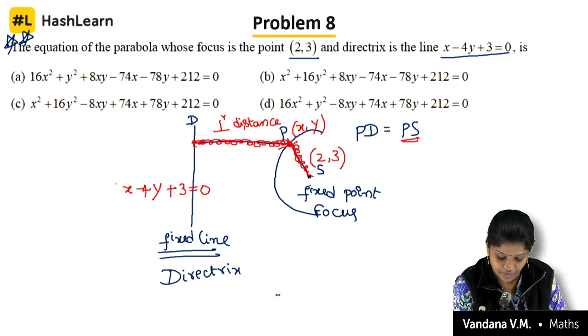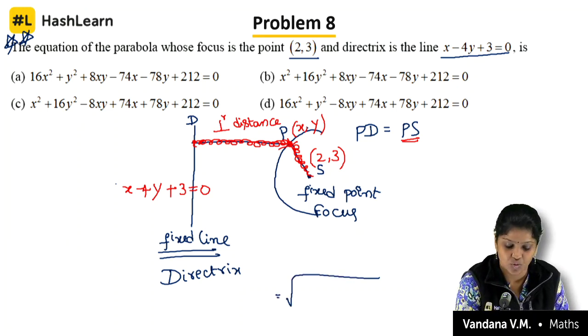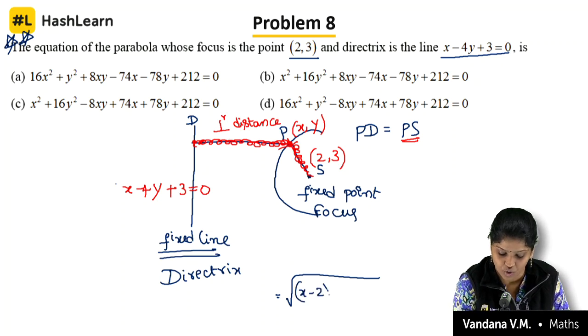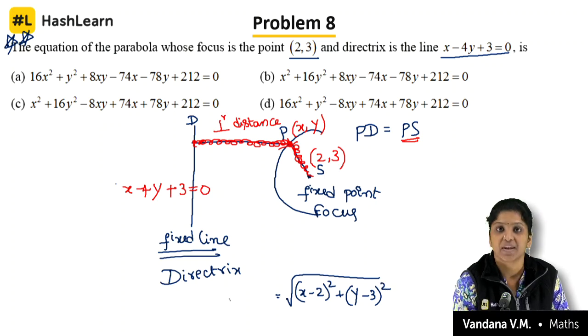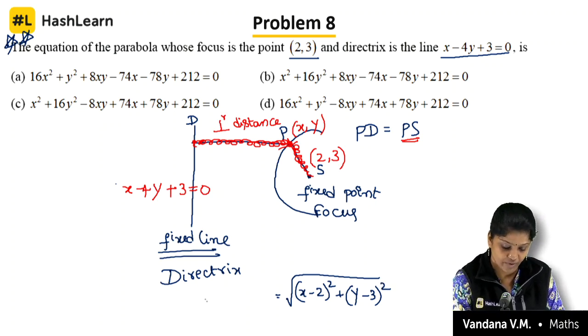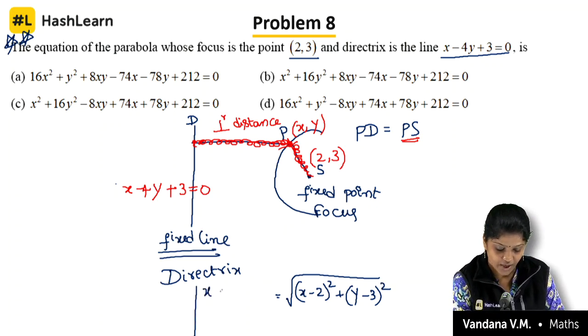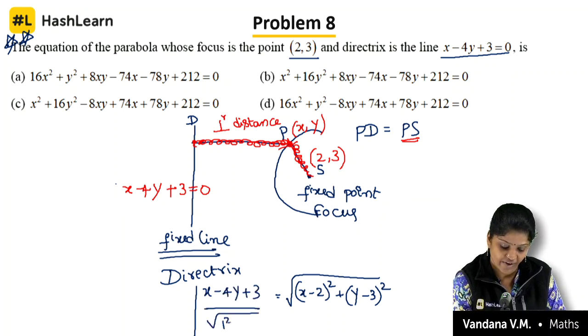What will I get? The distance square root of (x minus 2) whole square plus (y minus 3) whole square is equal to the distance modulus of (x minus 4y plus 3) over root of 1 square plus 16.